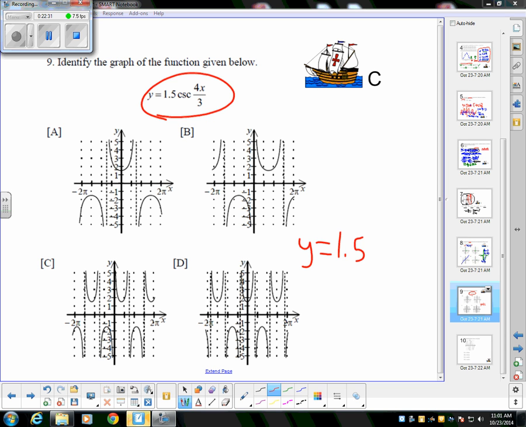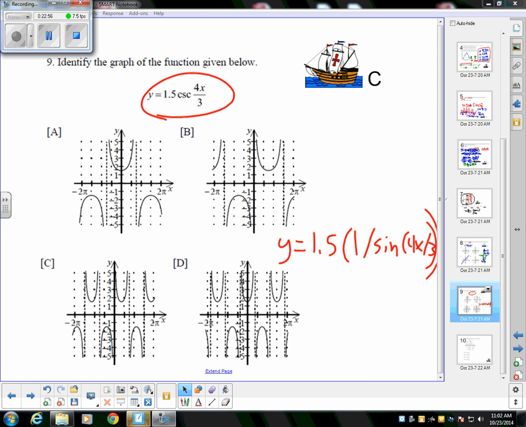And then you're going to do the cosecant, which is 1 divided by the sine. Actually, let me write this a little clearer over here. Y is equal to 1.5 times 1 divided by the sine of 4x over 3. And you have 2 parentheses. So make sure you type that in correctly.